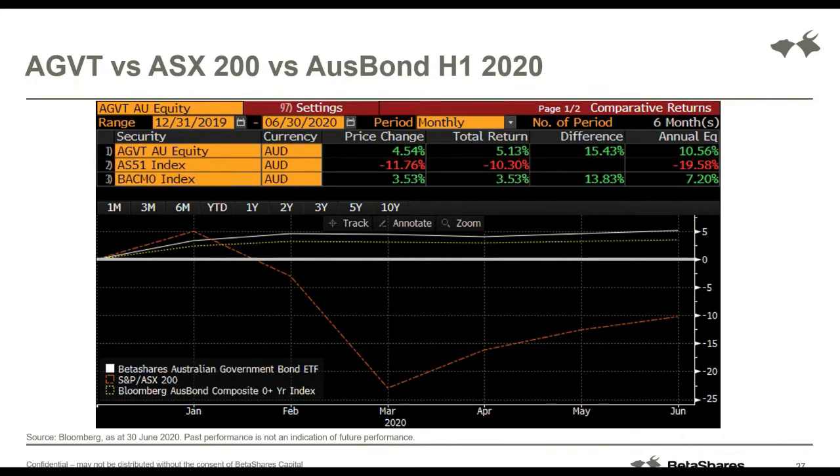Our government bond product, AGVT, had a tremendous first half of 2020, delivering returns of 5%, and also delivered returns of 4.5% during Q1, a period where the equity market had a 20% drawdown.